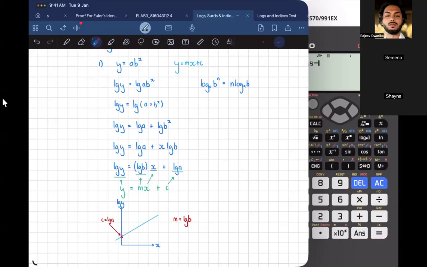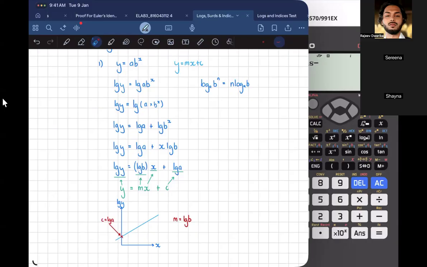Okay, so to start, you're applying logs to both sides. And then on one side, you can't use the power law and move over the x, because only b is being raised to the power x.